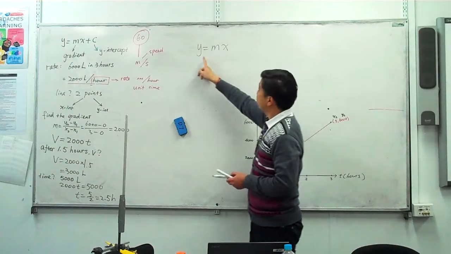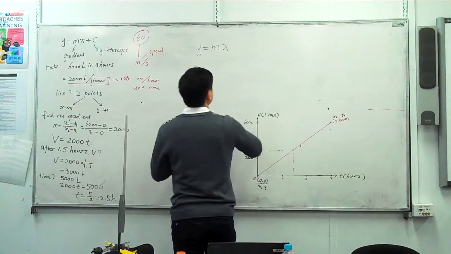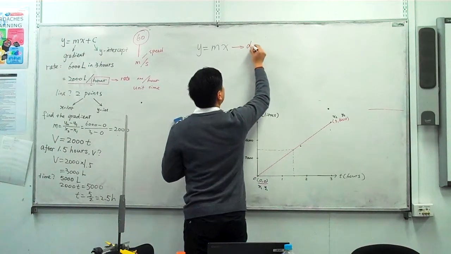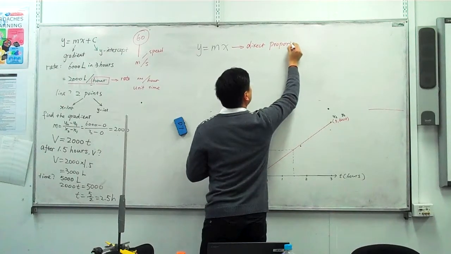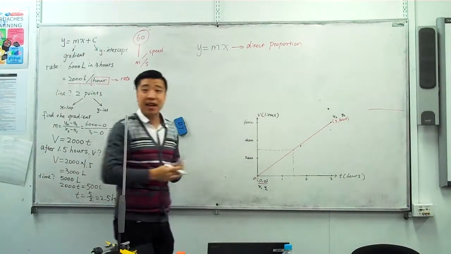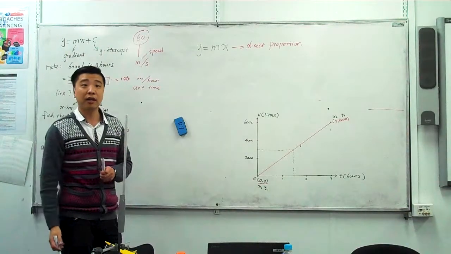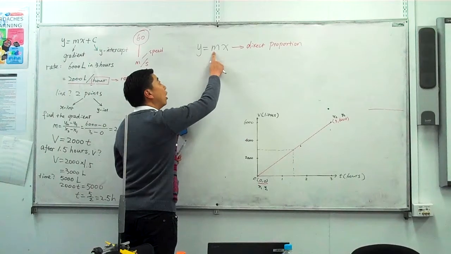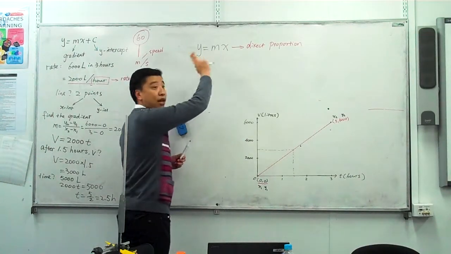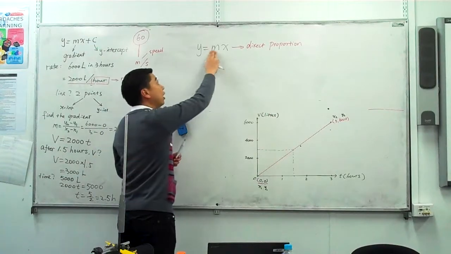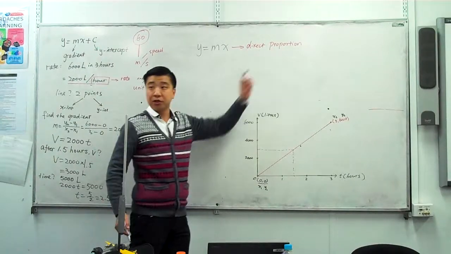So if you have y equals mx straight away, we call this direct proportion. And you can understand that easily. They're directly proportional to each other. If you have 1, that is 1 lot of x. If you have 2, that is 2 lots of x. 3 lots of x. Straight away. So we call that direct proportion.